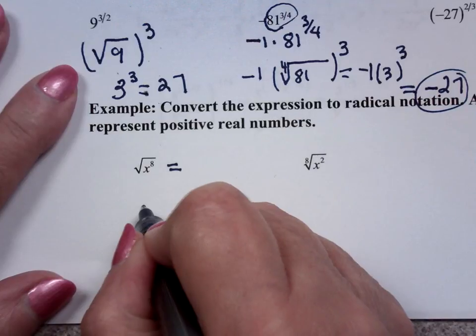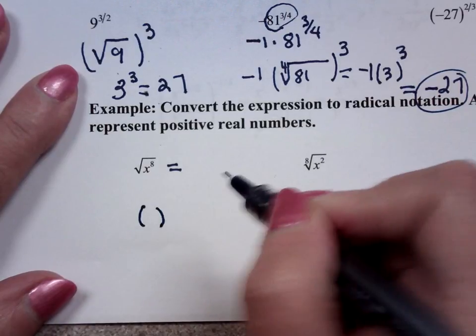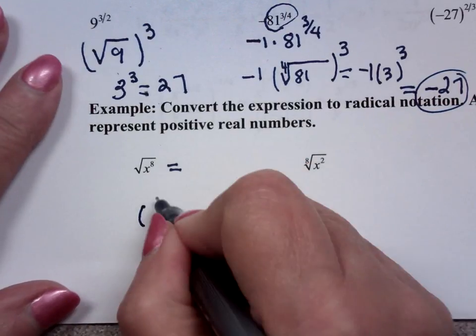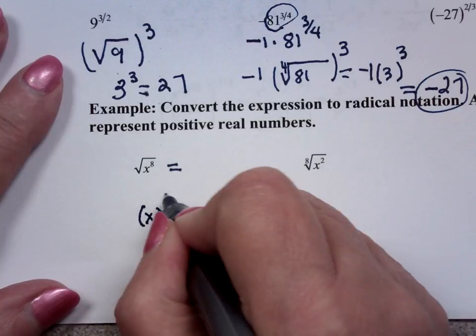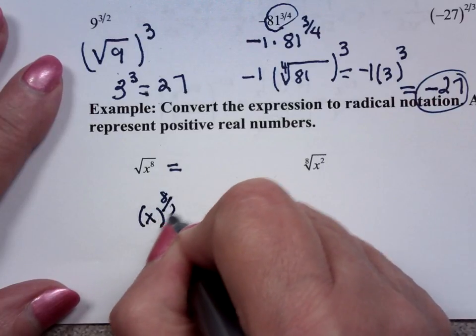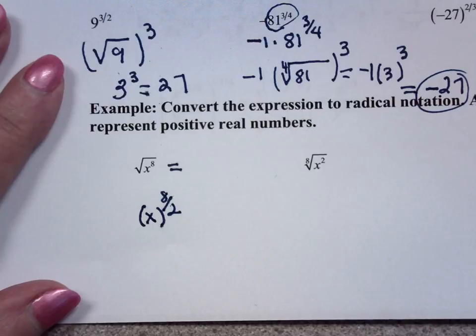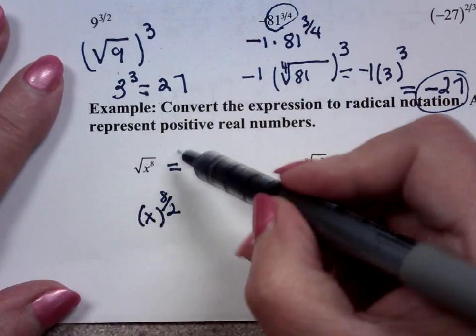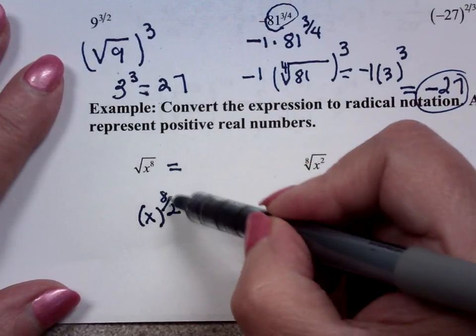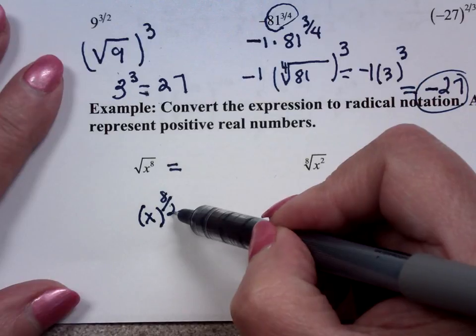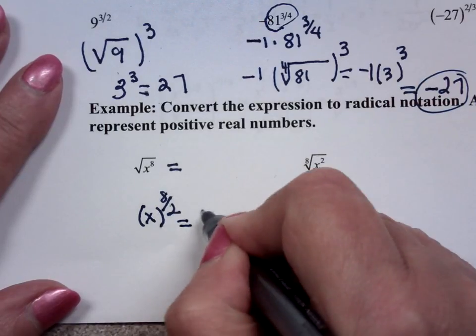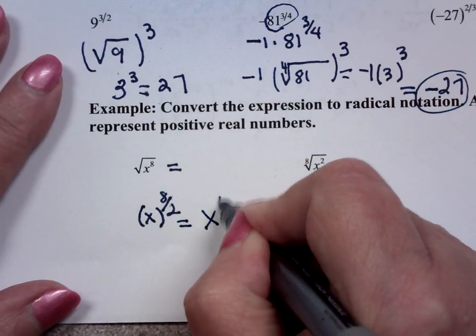This is the radicand, whatever it is. It's x to the 8 divided by 2 power. The exponent is 8. The index is 2. 8 divided by 2 is 4.